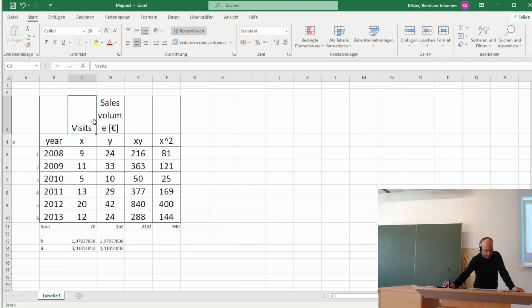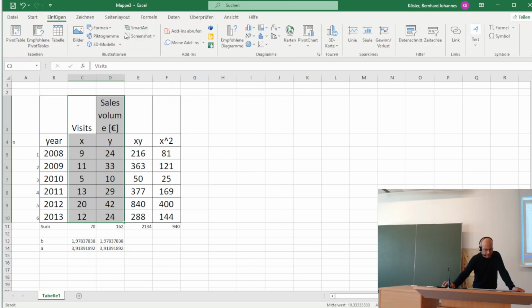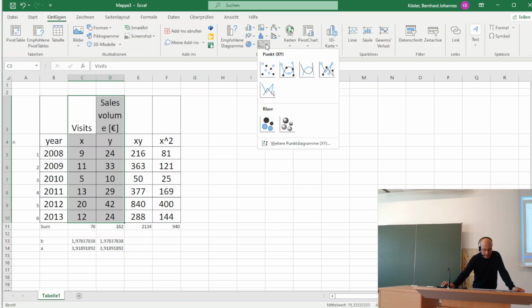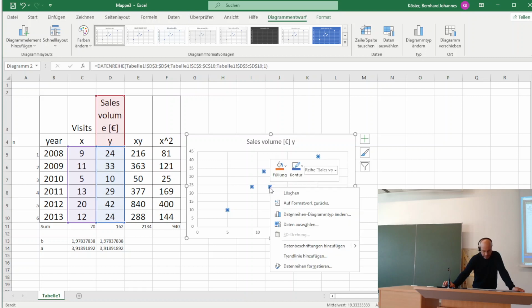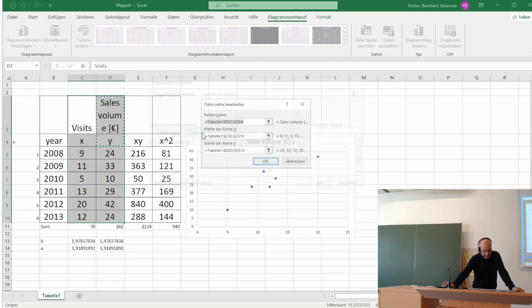I only want to take x and y. So I produce here just a diagram, then I always don't know which is which. Therefore, I just look it up. So C is X and D is Y. This is okay.